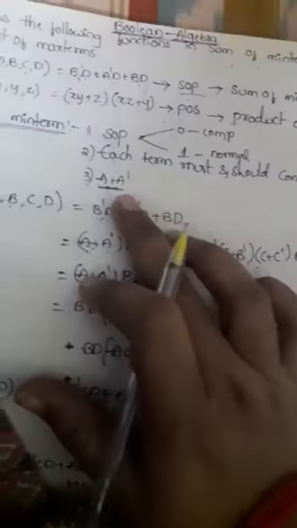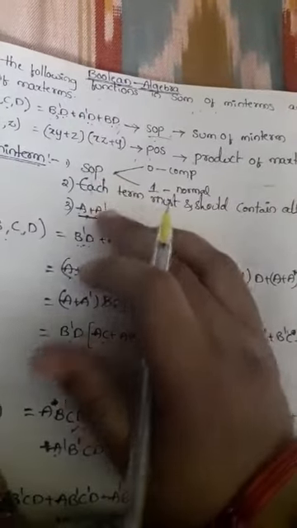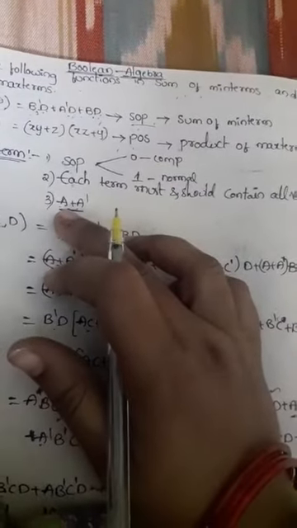And what is the third rule here? If any variable is missing, we will multiply it with this formula, a plus a complement. That means if any variable is missing, we use the OR function, that is x into x complement.